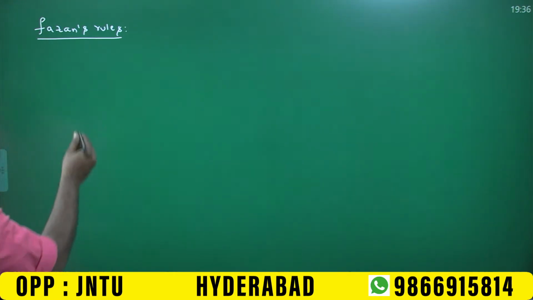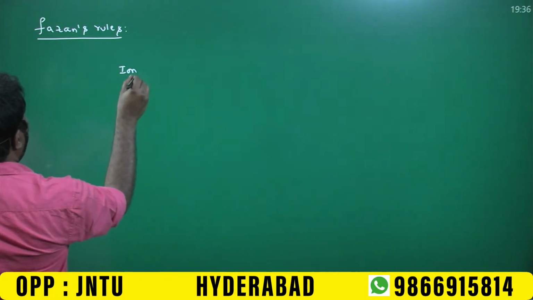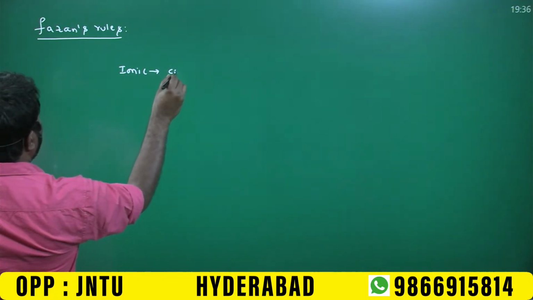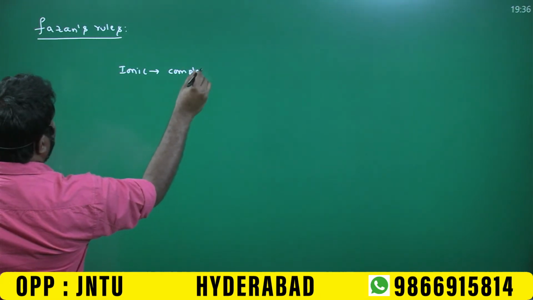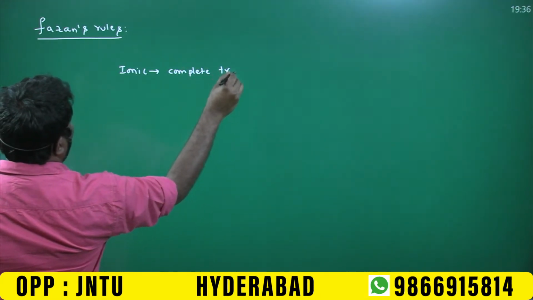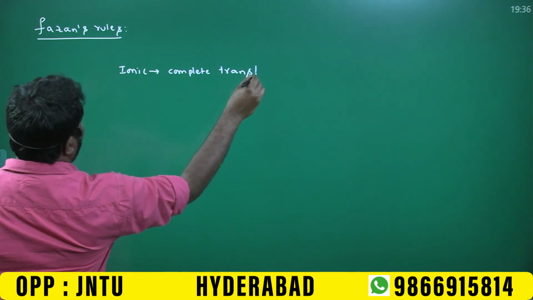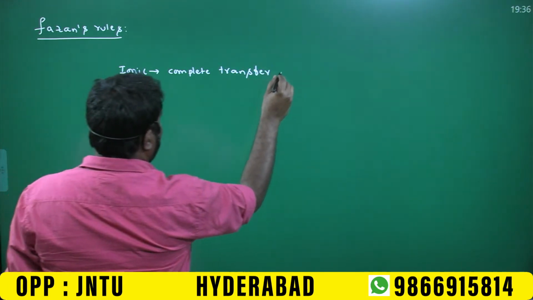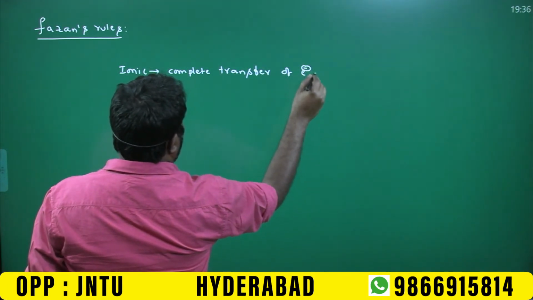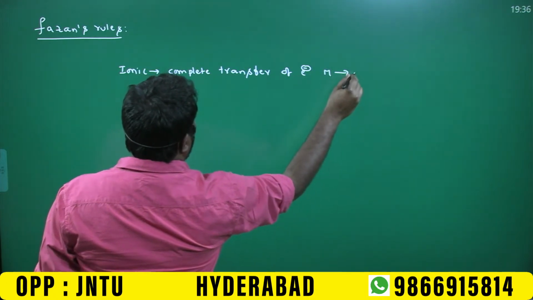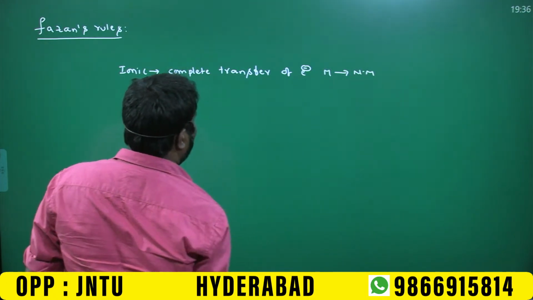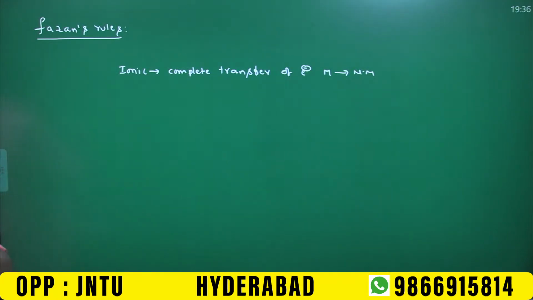So what is ionic character? Ionic character means complete transfer of electron, from a metal atom to non-metal atom. That is ionic character. Covalent character means?